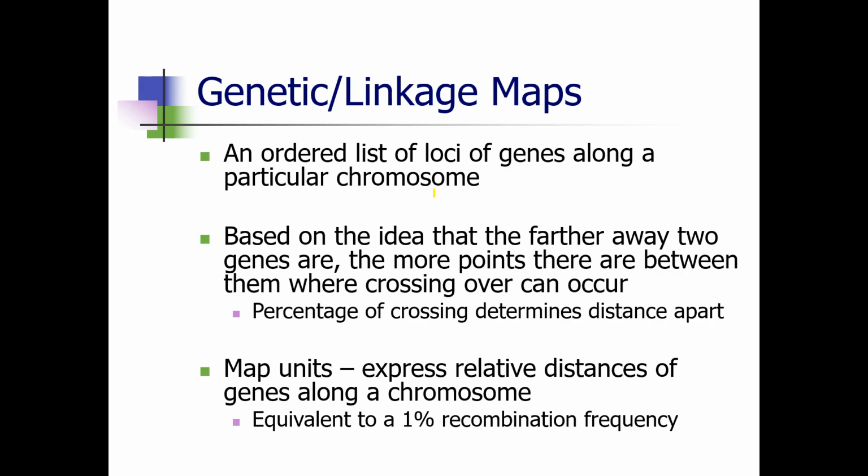Now, we know that that doesn't always happen. And so when it comes to linked genes, the reason we may not get what was expected is because crossing over could have separated those linked genes. And so what we can do is look at a percentage of crossover. Now, this is going to be hard to show on the lesson, but let's say this is my chromosome, and then I have my homologous chromosome here.